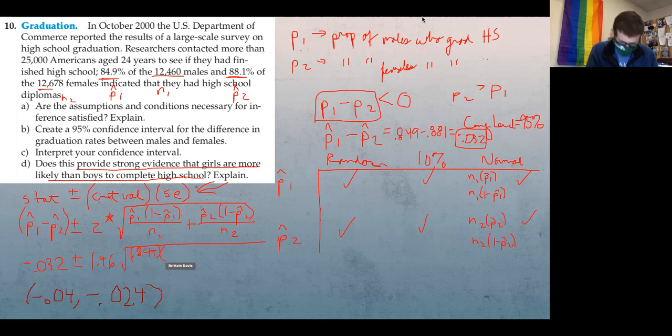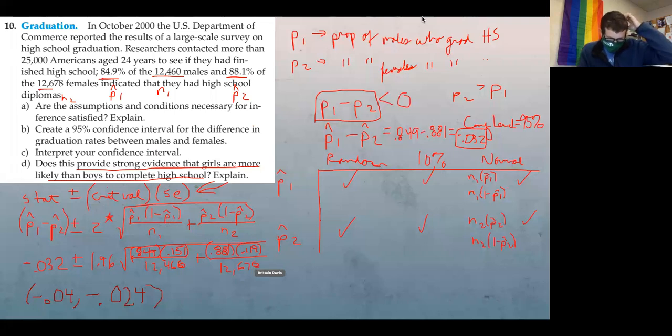Just look at that. 0.151 divided by 12,460 plus 0.881 times 0.119 divided by 12,678. All right, there we are. And again, from there, it's just calculator work.